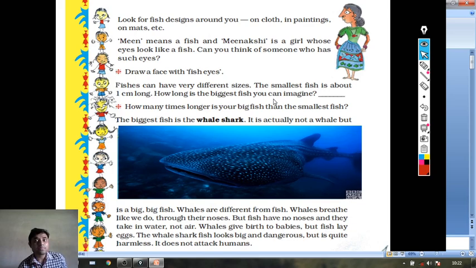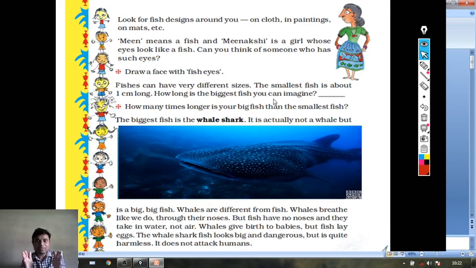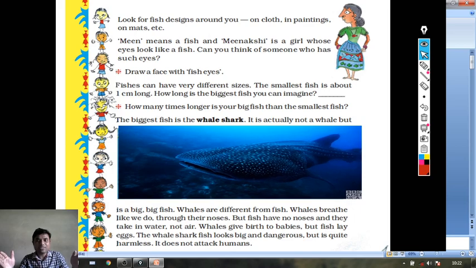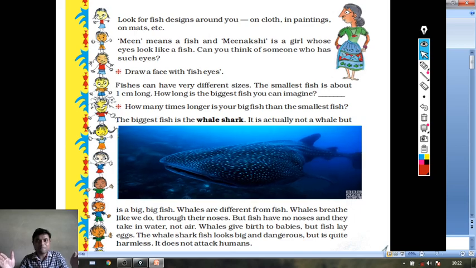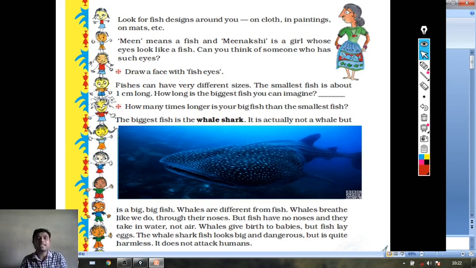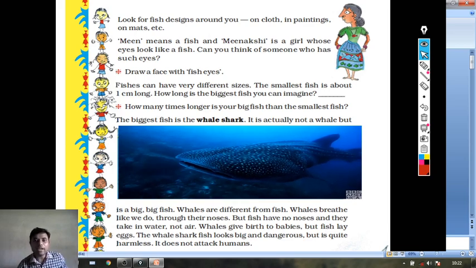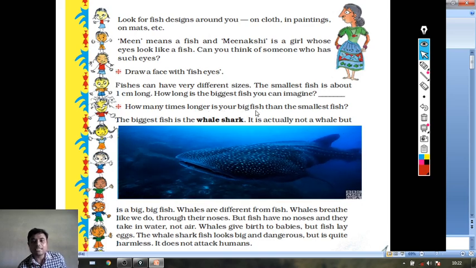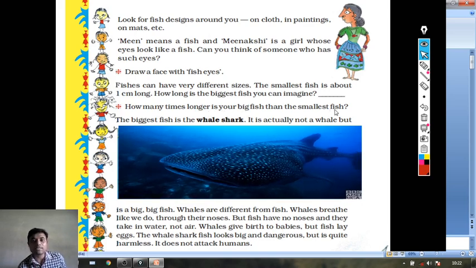Can you imagine? One biggest fish like this, one big like this. Let's see what the biggest fish is. How many times longer is the big fish than the smaller fish?